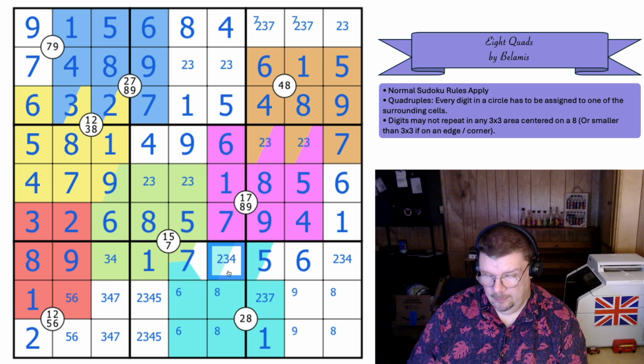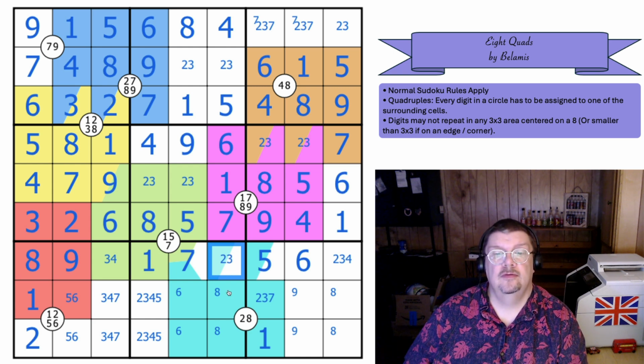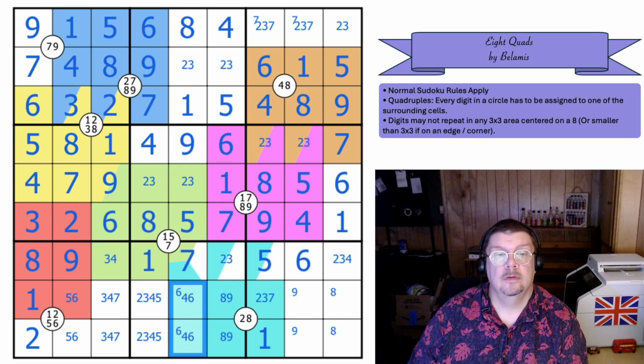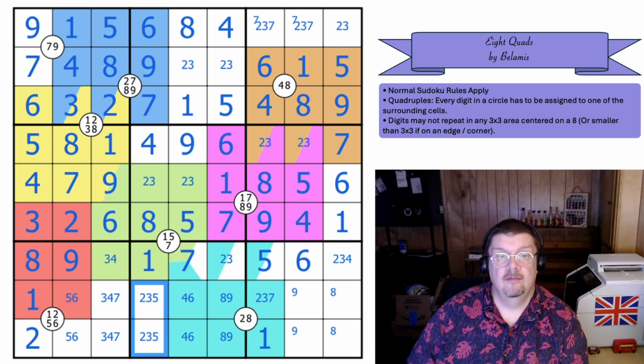This is not a 4 by Sudoku, so these two digits by the column are an 8, 9 pair. These two digits by the column are a 6, 4 pair. That removes 4 from here.